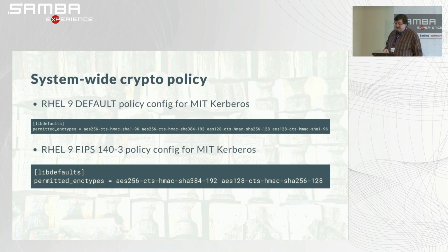And the default policy in RHEL 9 for MIT Kerberos generates this kind of config. So you can see AES-256 SHA-1, AES-256 SHA-384, AES-128 SHA-256, and so on.